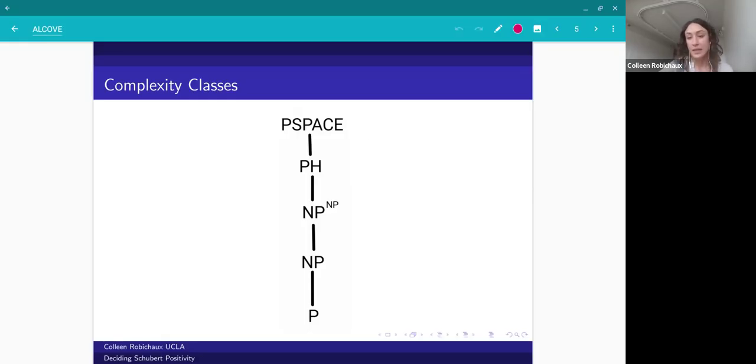Okay. And when we start out, really the best that we know is not even in P space of where the decision problem should be living of is this Schubert intersection empty or not, it would be in exp space. So all the way up here is where we would start from.